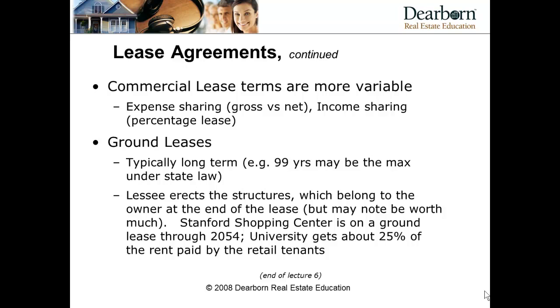So with this long term, sometimes there's some interesting values there between the leasehold and the leased fee estates, which are in place for 99 years or whatever's left of that 99-year period.